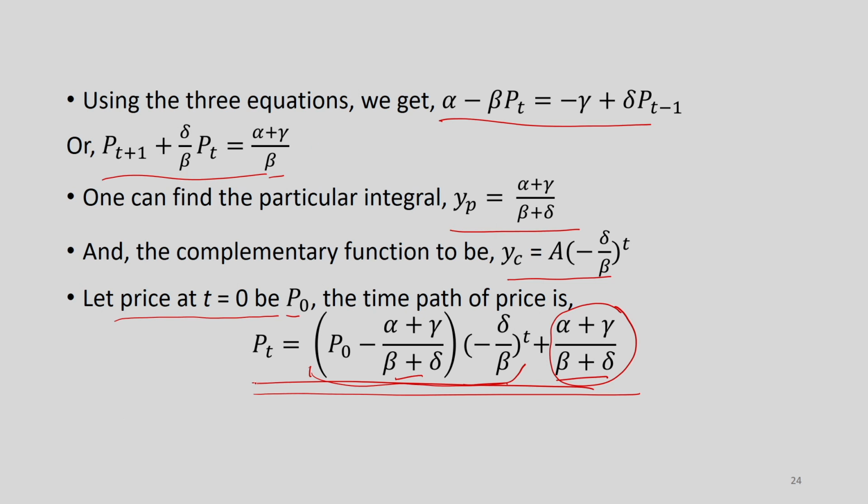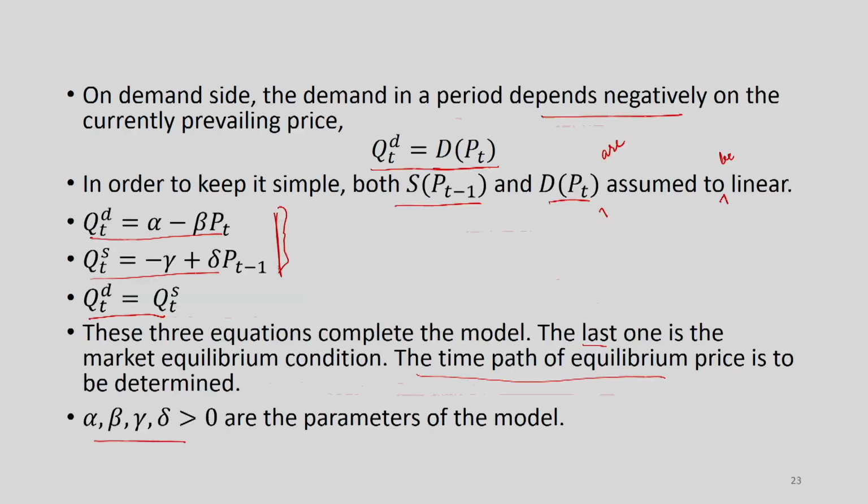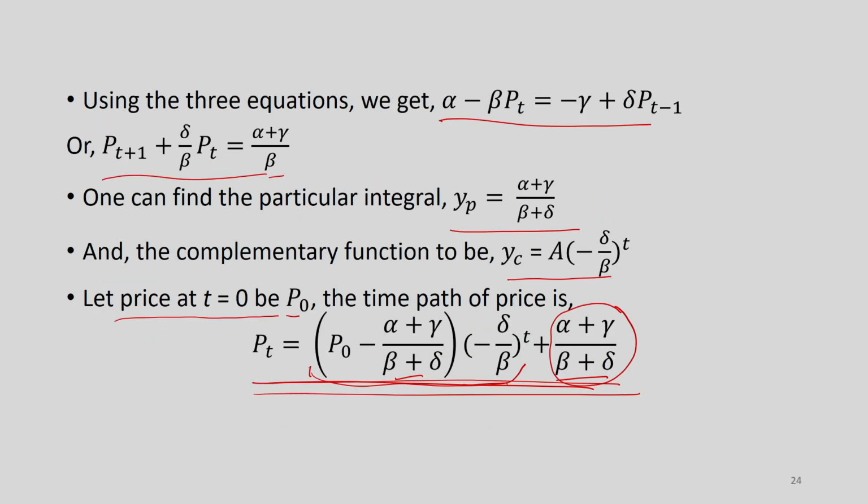So, this is the time path of price PT. Now, if we take this PT and plug it here, then we will get the time path of the quantity, right. This will be a function of t only, and it will have some P0 term, but as we know P0 is not a variable, it is a constant.